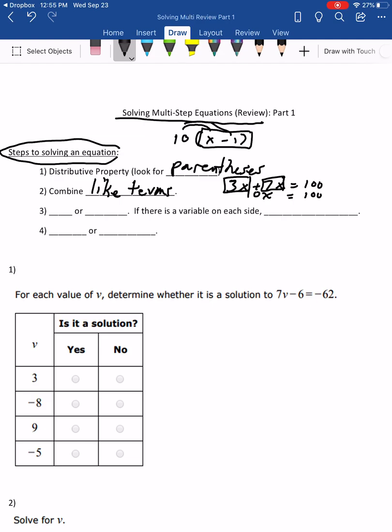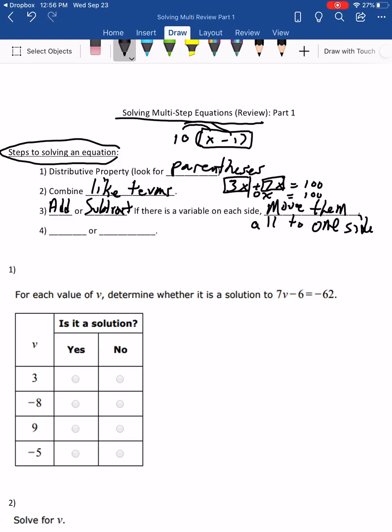Okay, next step, add or subtract. If there is a variable on each side, move them all to one side.